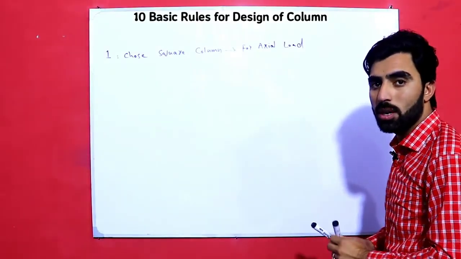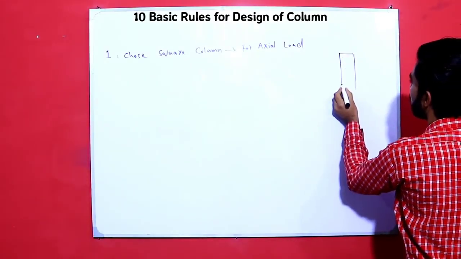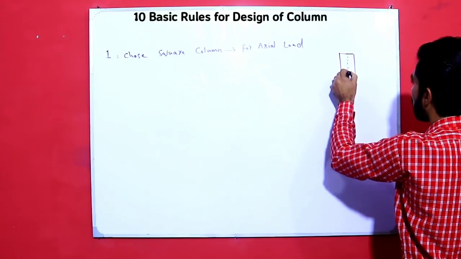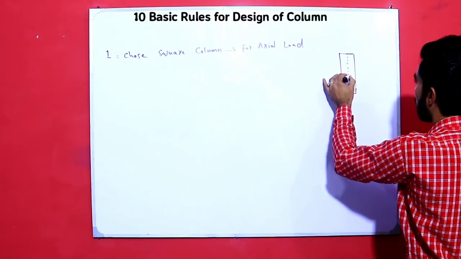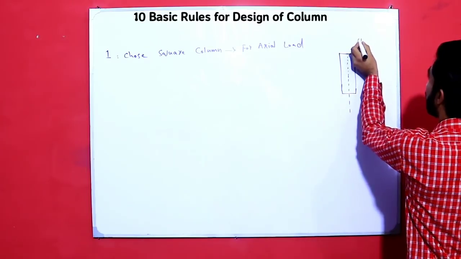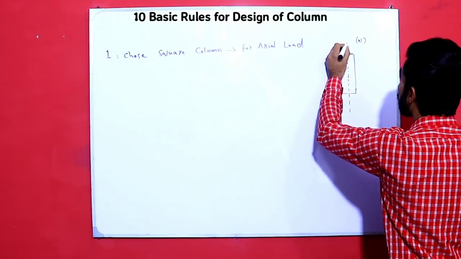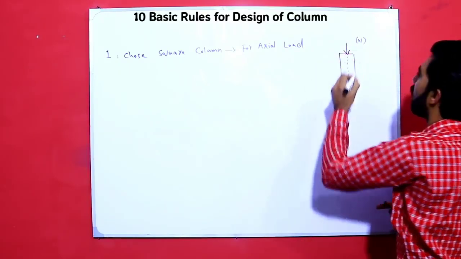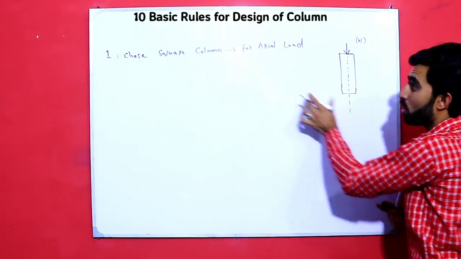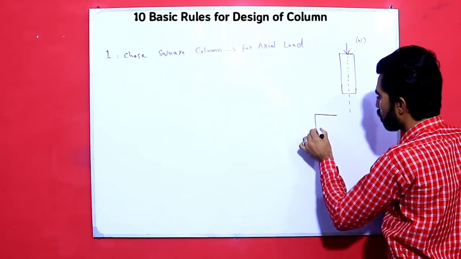How? As you can see guys, this is a column, and this is its center, axial point. When the load comes on the center of the column, on axial point, in this case, choose square column.